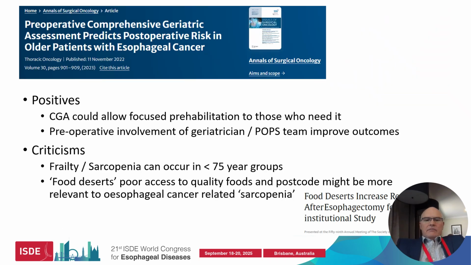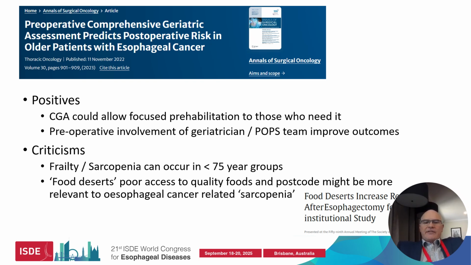And they suggested that a CGA could allow focused prehabilitation to those who need it, and the involvement of geriatricians or a perioperative team could help improve outcomes with surgery. Criticisms are that frailty and sarcopenia can also occur in lower age groups, so you can't have a defined age cutoff.